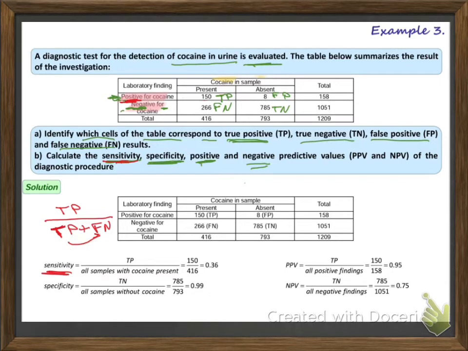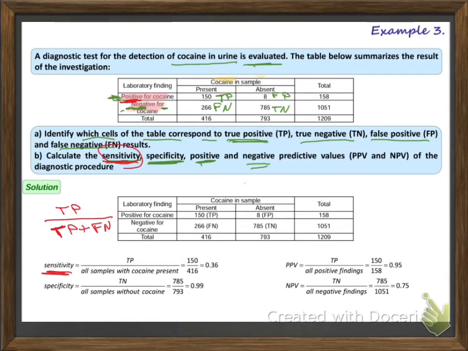And instead of true, we'll put false, and instead of positive, we will put negative. So that is the way to memorize it. So how to get TP plus FN? TP here, this TP, and this is FN. The sum of them is the total. So we can take the total of the present directly. So sensitivity is the true positive divided by the total of the other characters.